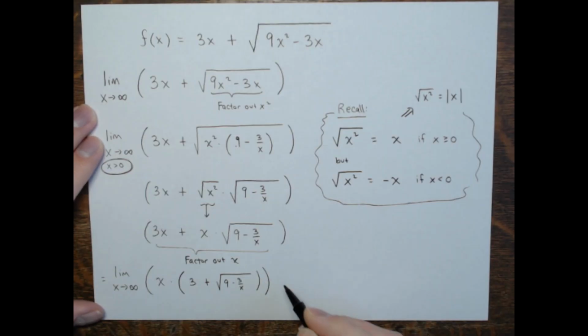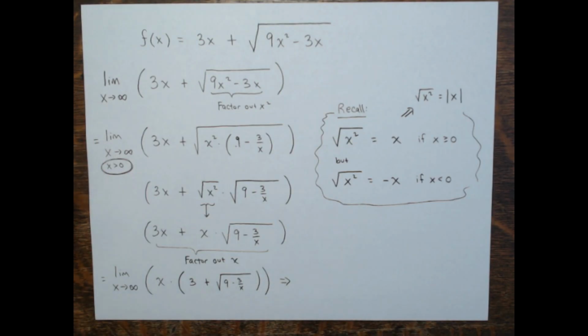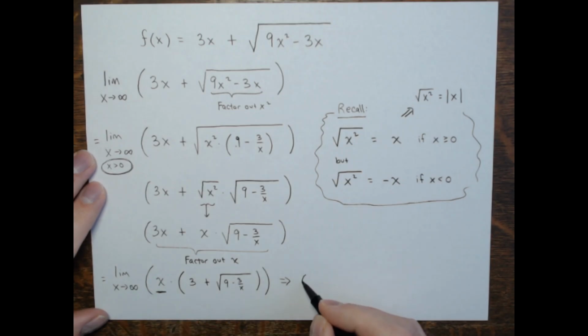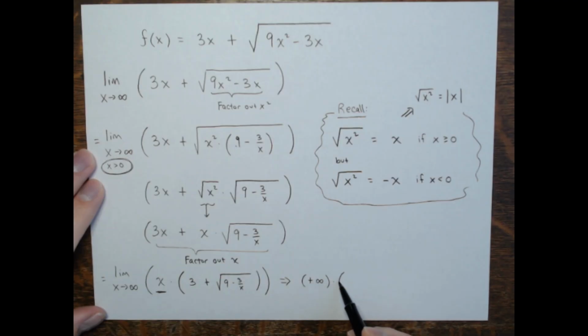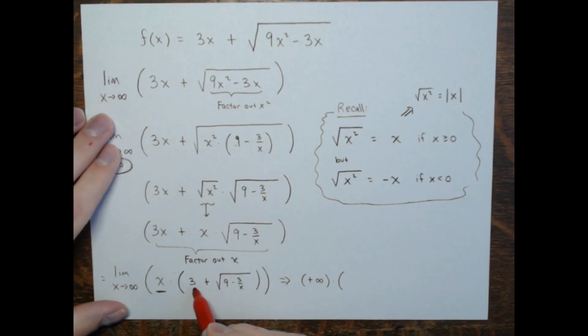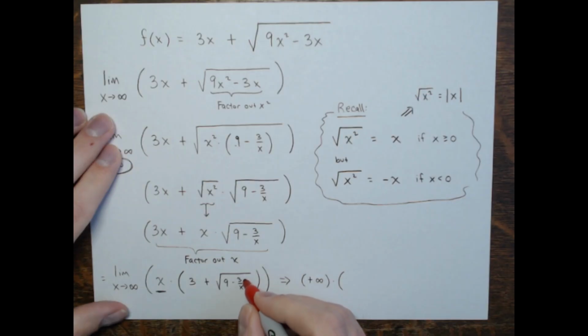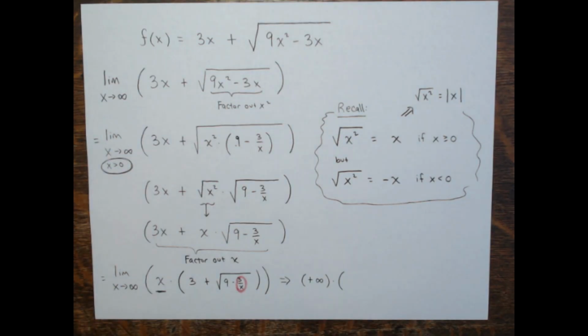Okay. So now, as x gets super big, positive, this first factor with just x is going to positive infinity. That'd be getting gigantic, very large and positive, multiplied by the other factor. The 3 will stay 3. Remember this 3 over x, where you have a constant numerator and a denominator that's getting large? That's going to 0.